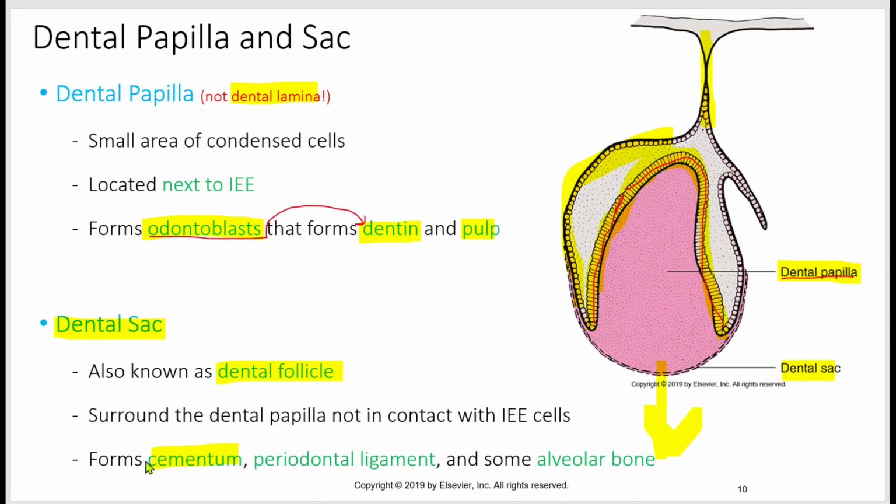Okay, so cementum, periodontal ligaments, and some of the alveolar bone are made by the dental sac. And by knowing all of that, now we know each layer of the tooth is made from where and how, right? Enamel from the inner enamel epithelium, dentin from the dental papilla, and cementum is from the dental sac or the dental follicle. Okay.